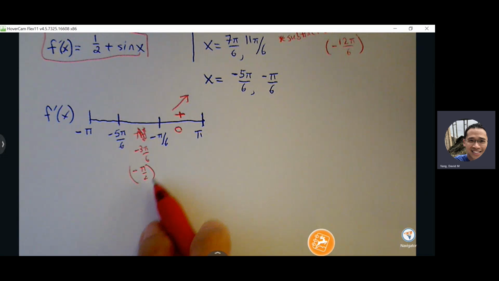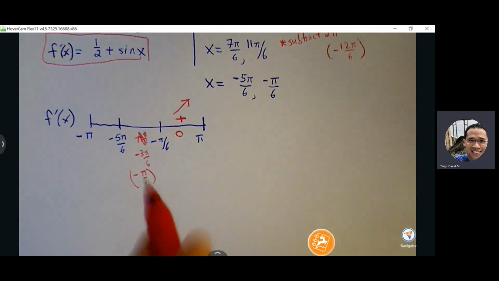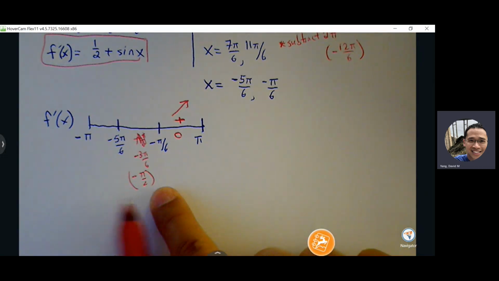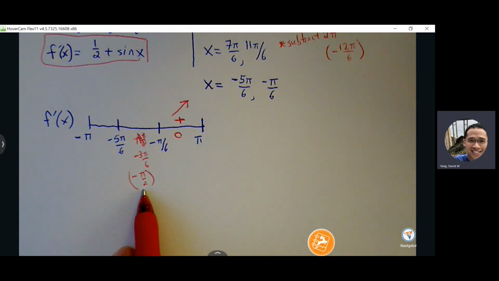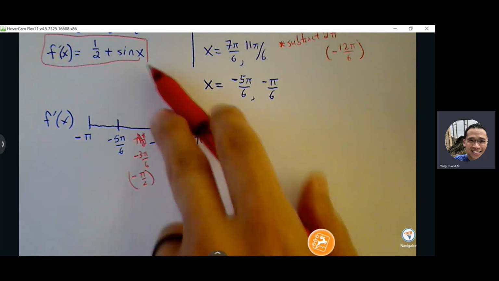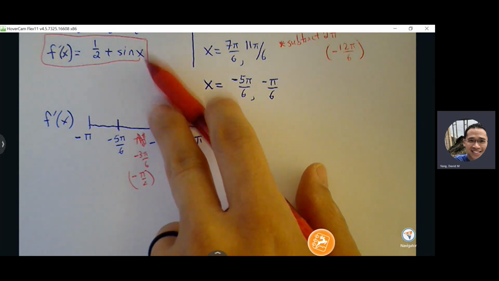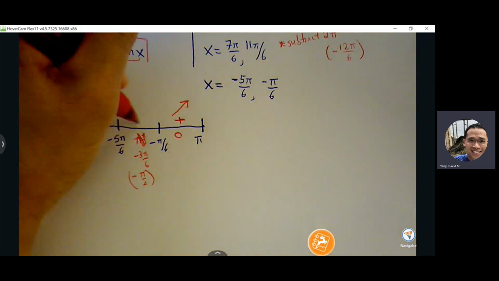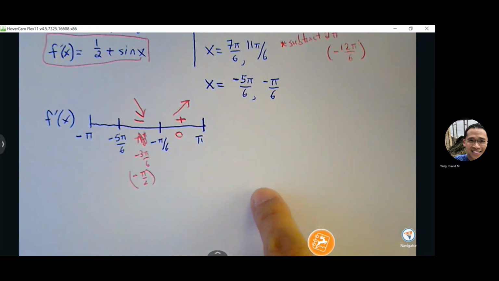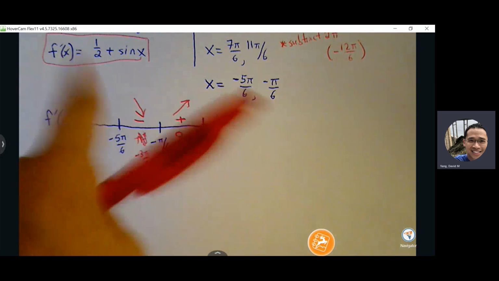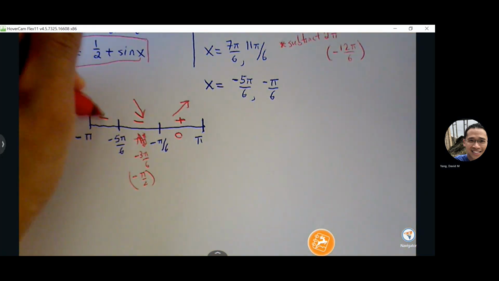If something is not in that interval from 0 to 2 pi, we can add or subtract 2 pi. So if I do negative pi over 2 plus 4 pi over 2, that's 3 pi over 2. And 3 pi over 2, we recognize. Sine 3 pi over 2 is negative 1. Negative 1 plus 1/2 is negative. We can't find anything here, but it's going to be alternating.